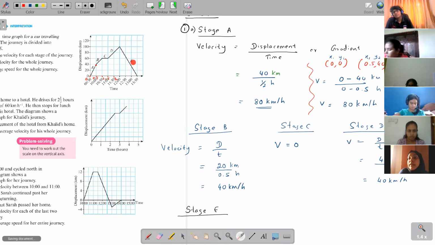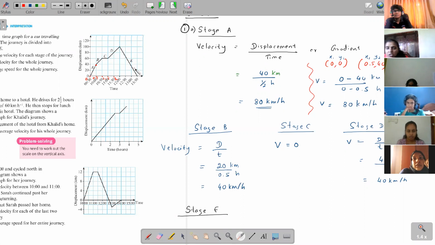But my issue is what's really happening here. In the context of the real world, at the end of stage D, you're 100 kilometers away from home. Say you started from O, 0 is home. By the end of stage D, you're 100 kilometers away from home.